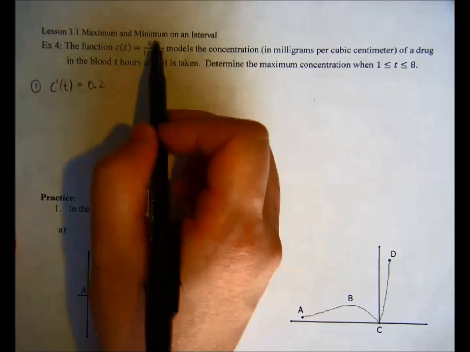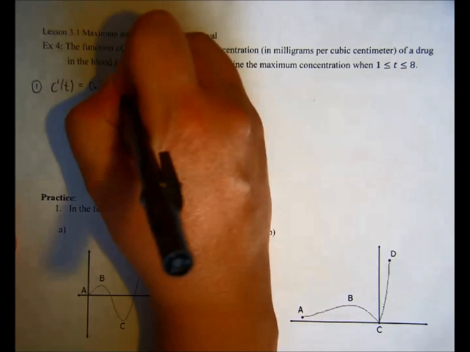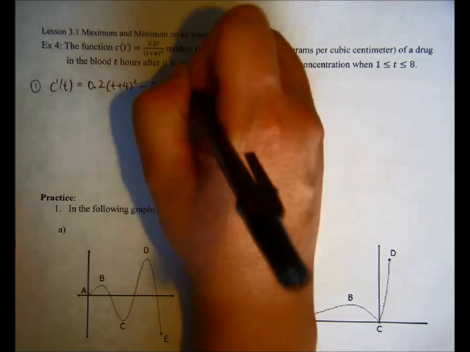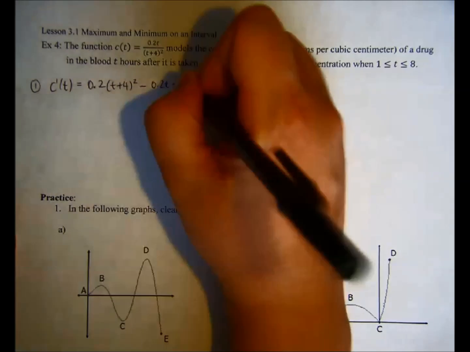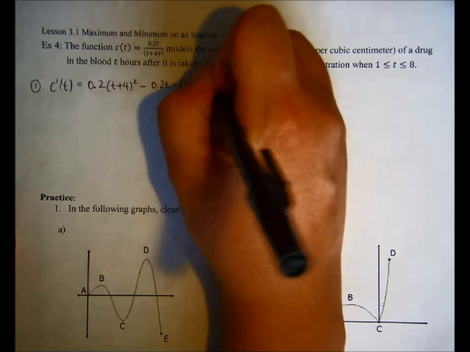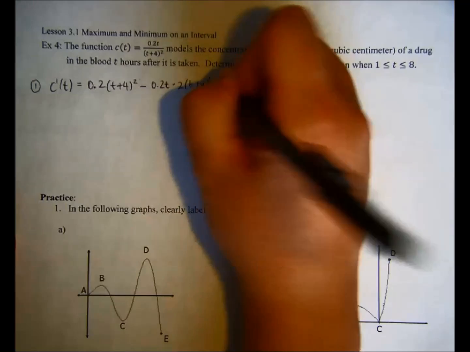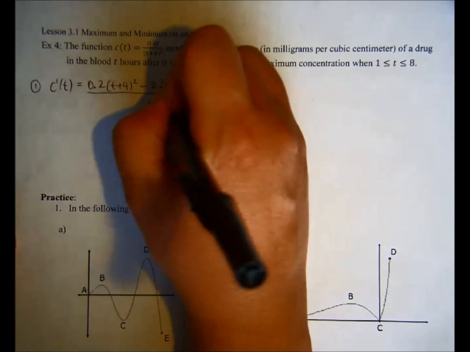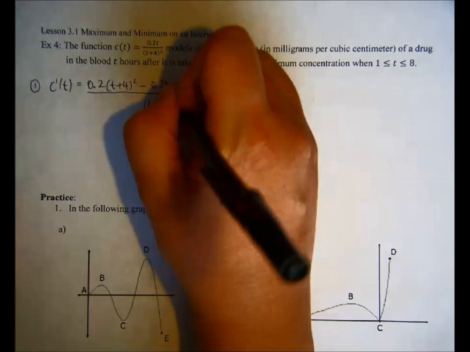So the derivative of the numerator is 0.2. Leave the denominator alone. Subtract 0.2t times the derivative of the denominator, which is 2 times (t plus 4) to the exponent of 1 times 1, chain rule, divided by (t plus 4) to the exponent of 4.